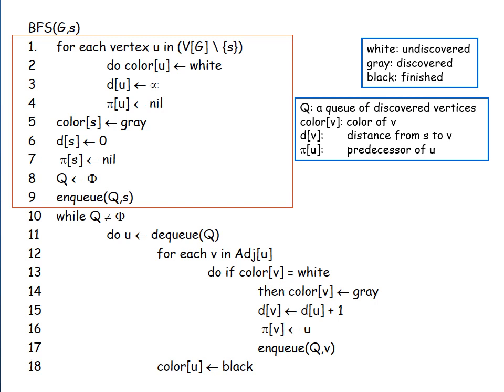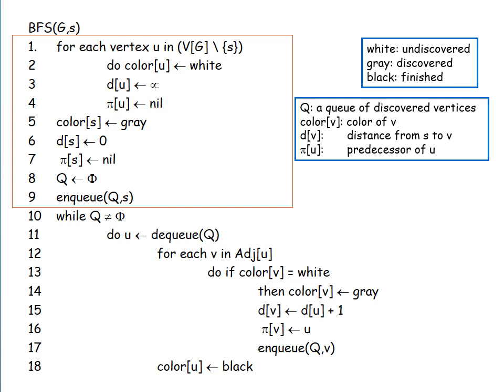We empty the queue and then put S on it. Now we're set up to do the loop, successively taking elements off the queue. That begins with line 10. We keep within this loop until the queue is empty.